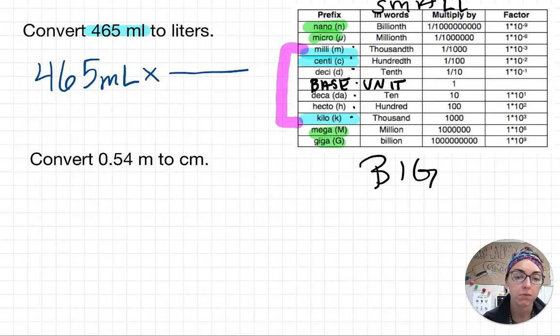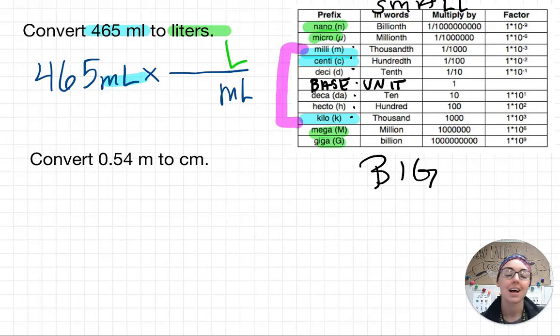So I want to go from milliliters to liters. Now, when I'm using dimensional analysis, I need to put the unit I start with, milliliters, on the bottom, and what I'm trying to get, which is liters, on the top.